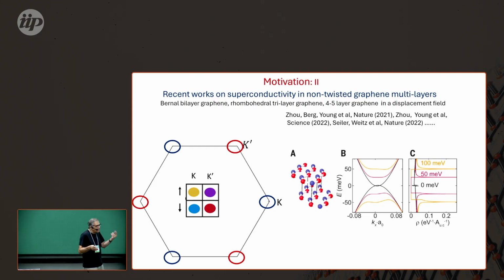One obviously is that spin up and spin down Fermi surfaces are the same, and the second is that the areas of the Fermi surface near K point and near K prime point are the same. Experimentalists like to present this as 4 equal circles, which are again not exactly circles, at K and K prime, and this 4 means that there is no spin symmetry broken, no valley symmetry broken.